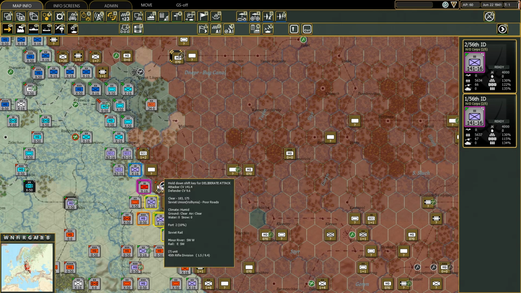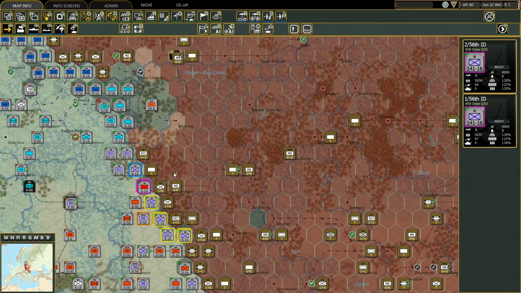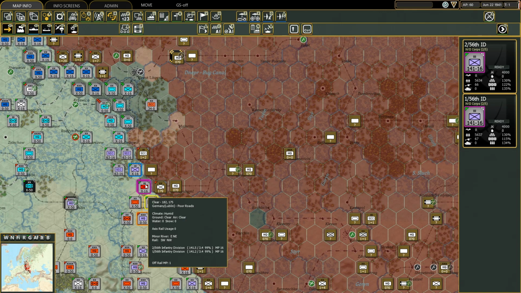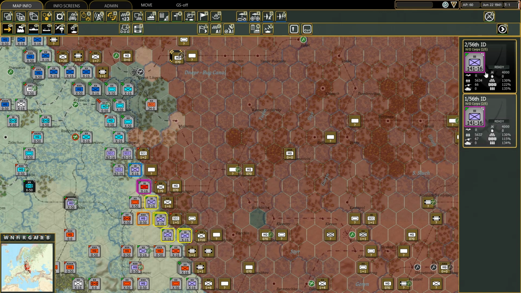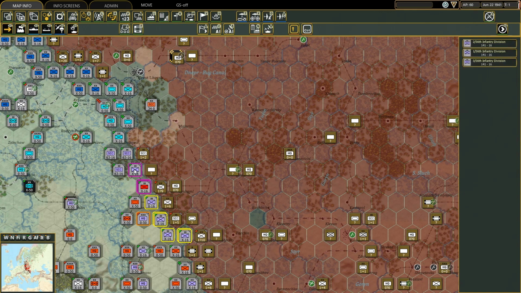Then you can perform a hasty attack, while vice versa, you can include multiple hexes when you want to perform a deliberate attack. And this can be done in just 1 way.